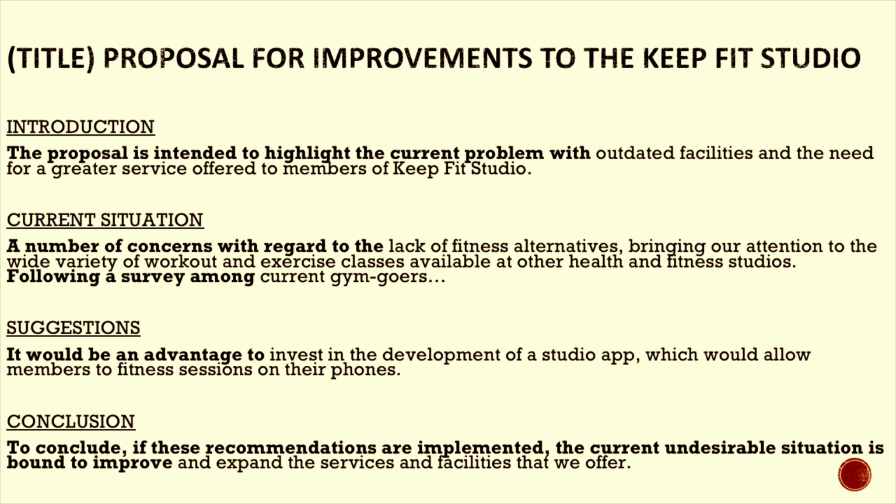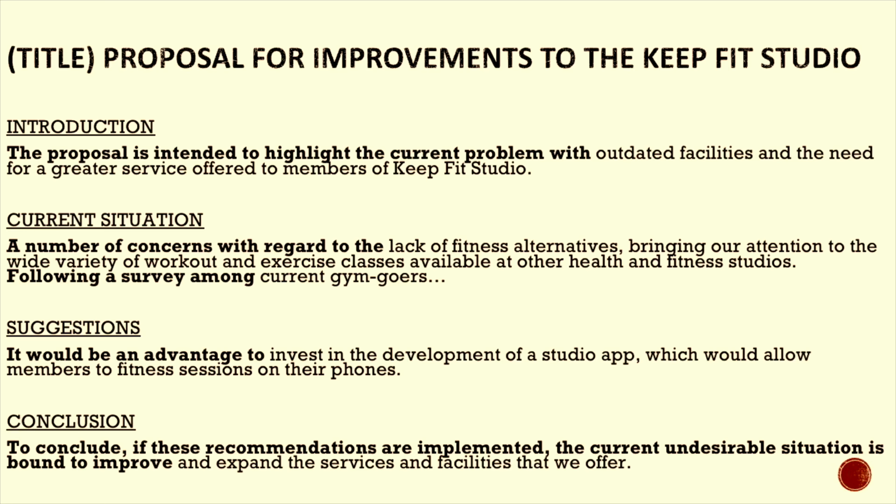The next paragraph we have the current situation. A number of concerns with regard to the lack of fitness alternatives, bringing our attention to the wide variety of workouts and exercise classes available at other health and fitness studios.